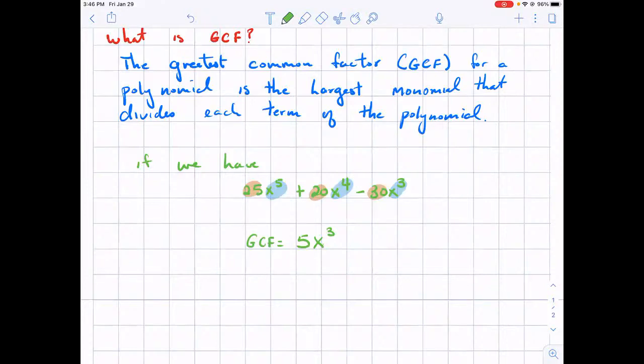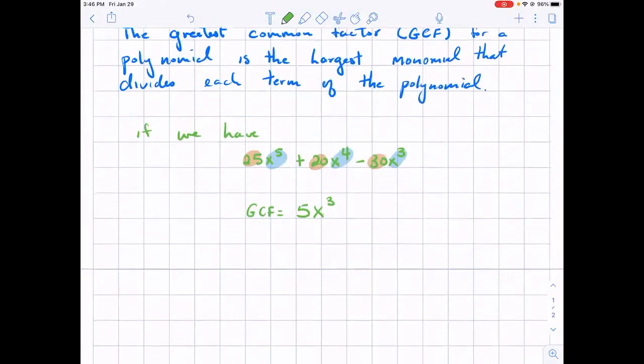Now, if you take out 5x cubed, we said it has to be written as a product. So the GCF will be the first factor, 5x cubed, times what? To find the inside of the parentheses, if you take 25x to the fifth and divide by 5x cubed, this will give you 5x squared. So that first term in here will be 5x squared.